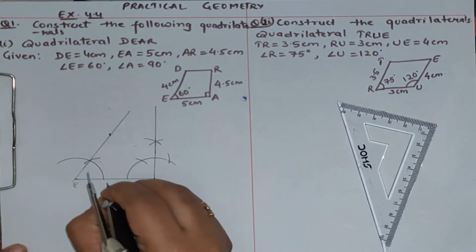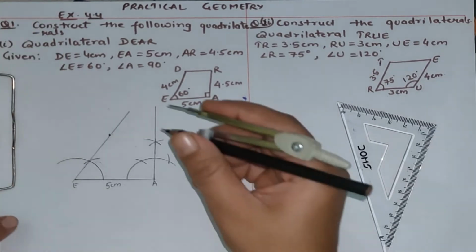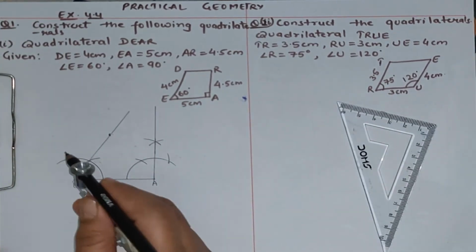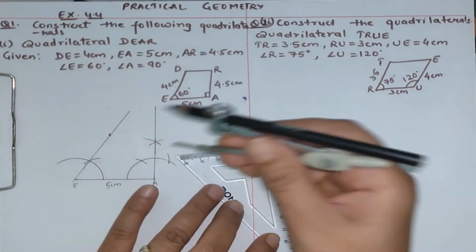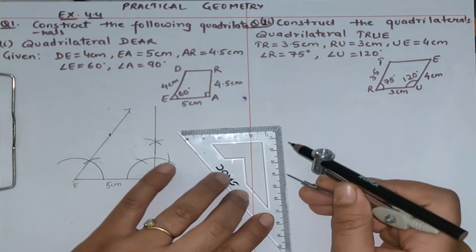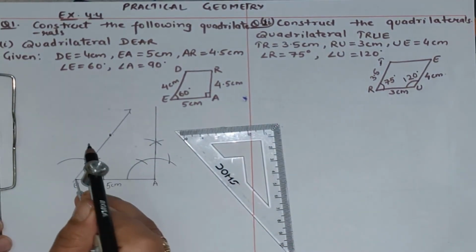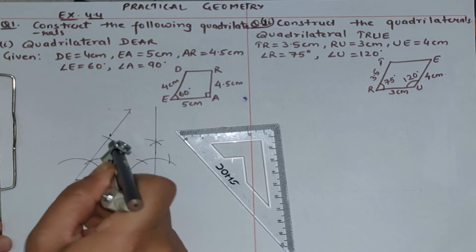First you have used EA as a base. Secondly, you will get ED here. With the help of E, you will be getting D on this line. Take the measurement of 4 centimeters with the help of pencil and ruler, put your pointer here, and cut an arc like this.